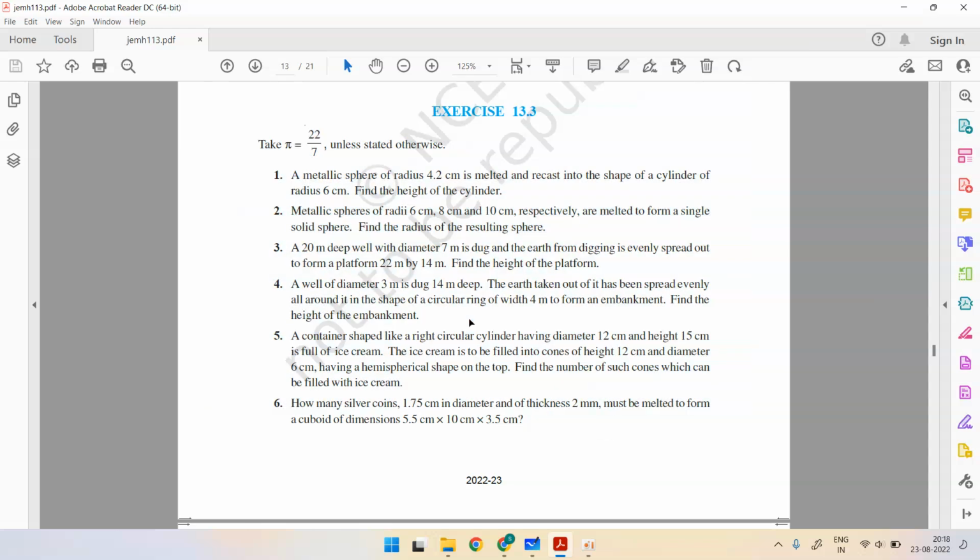The earth taken out of it has been spread evenly all around it in the shape of a circular ring of width 4 meter to form an embankment. Find the height of the embankment. Same thing. Conserve the volume. Law of conservation of volume. See, this was a well.